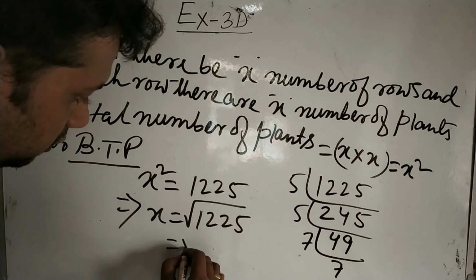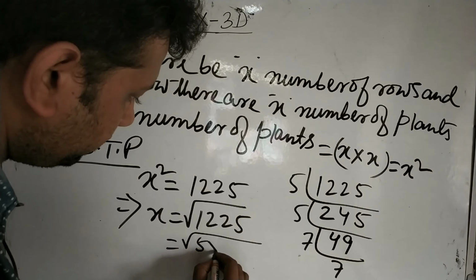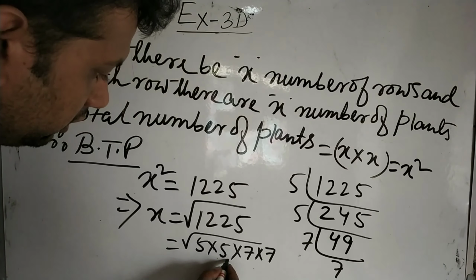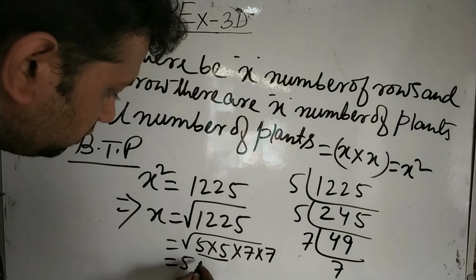So equal to square root of 5 into 5 into 7 into 7. For these two 5, one will be outside the square root sign.